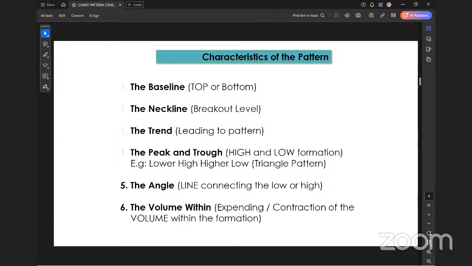Then the trend leading the pattern, whether it's an uptrend or downtrend, and whether it's going to continue or reverse. Next we have the peak and the trough, which is the high and low formation. Then the angle, the lines connecting the lows or highs. And the last one is the volume within.